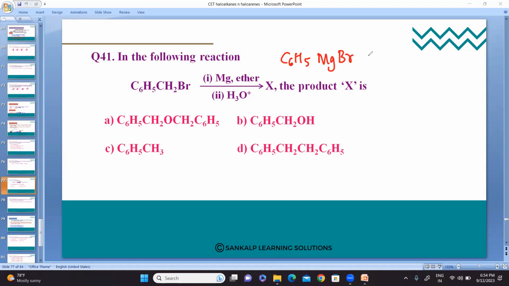Then further it undergoes hydrolysis. First step it reacts with Mg, second step is hydrolysis. Then it will form C6H5CH3. So option number C is the correct answer.